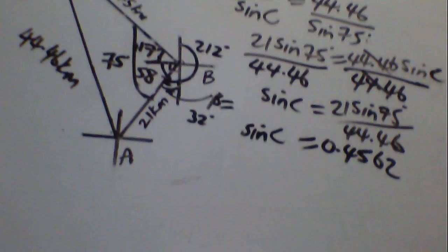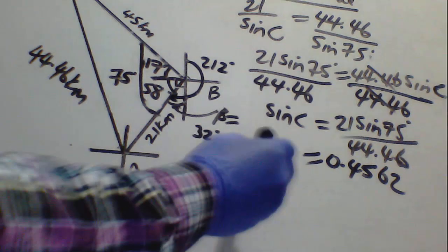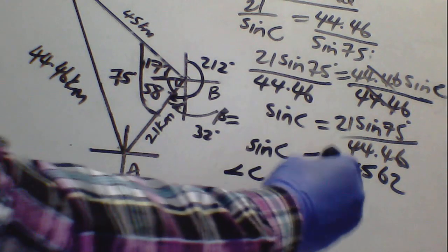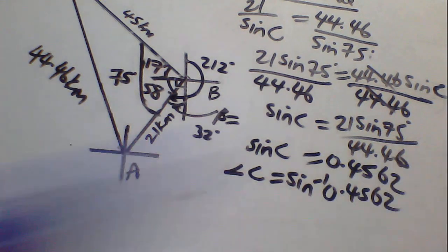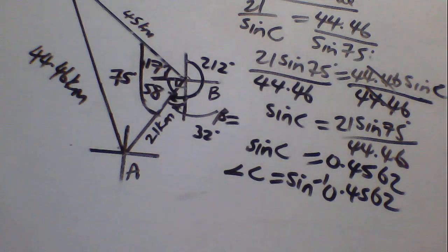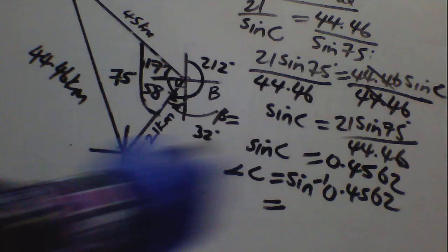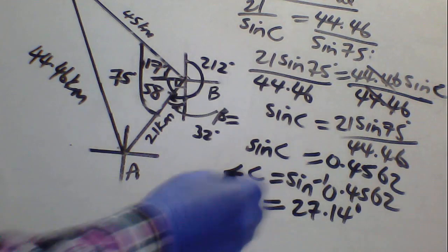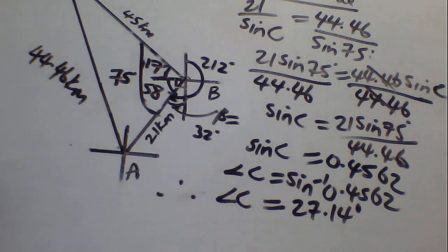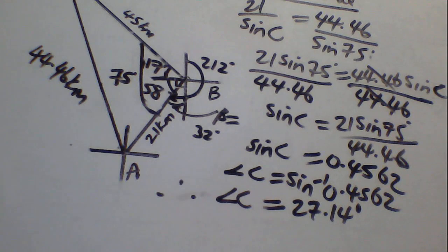Find the arcsine of both sides of the equation, and that will give you C equals to arcsine 0.4562. And when you do that, you have to two decimal places 27.14 degree. So angle C is equals to 27.14 degree.